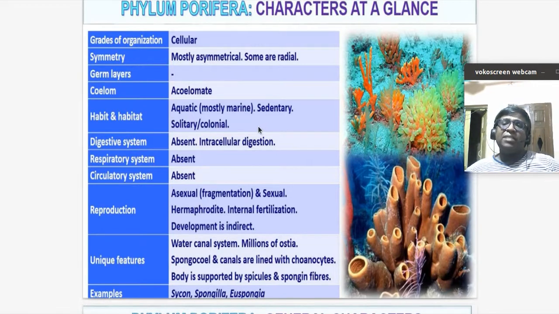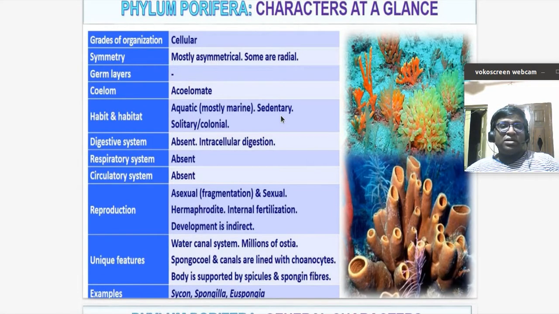Mostly they are marine. The majority of the poriferans are marine organisms. Sedentary, they are found in one place. They don't move from place to place. They are usually attached to rocks. Some of them are solitary, that is, found single, and a few of them exist as colonies.